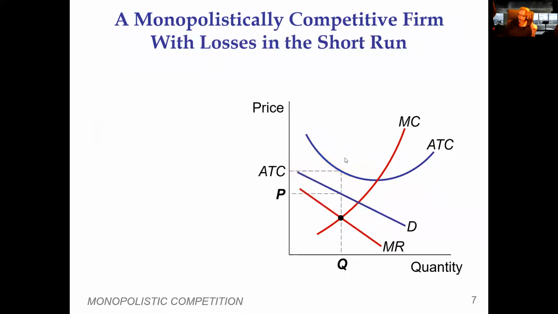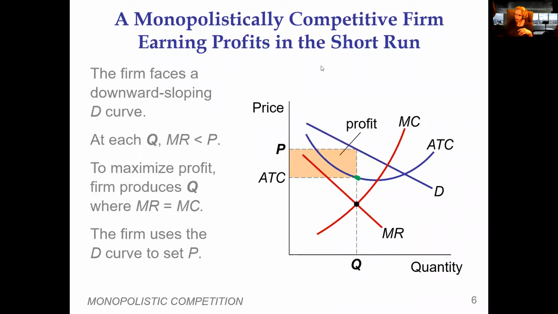Okay. So let's go ahead back to our slides and take a look at what happens here. Once the supply curve shifts outward and the price goes down, then we have a little bit different scenario.